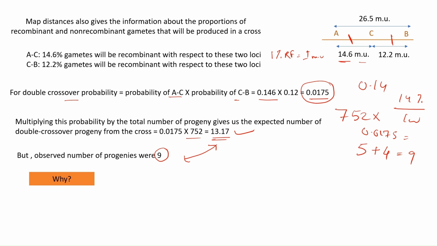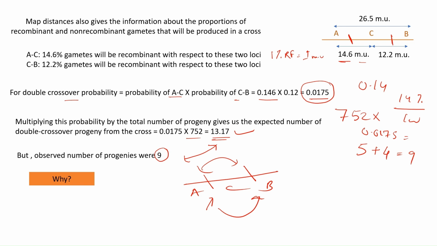Now why so? This phenomenon is very common in eukaryotic organisms. According to this phenomenon, one crossover and another crossover are not independent events. They are dependent. The crossing over at one position inhibits the crossing over at another position located in the same or a nearby gene. So crossing overs in eukaryotic organisms are not independent events.